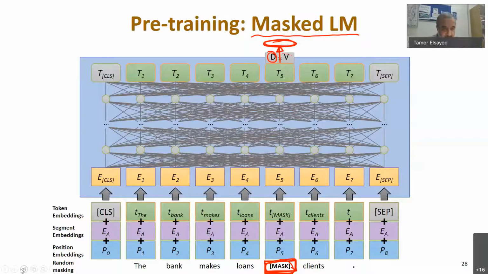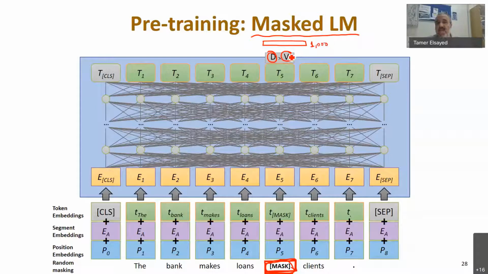The layer will give me V numbers. What is V? V is the vocabulary size. Let's say that the vocabulary size is 1000, so it will give me 1000 numbers here.